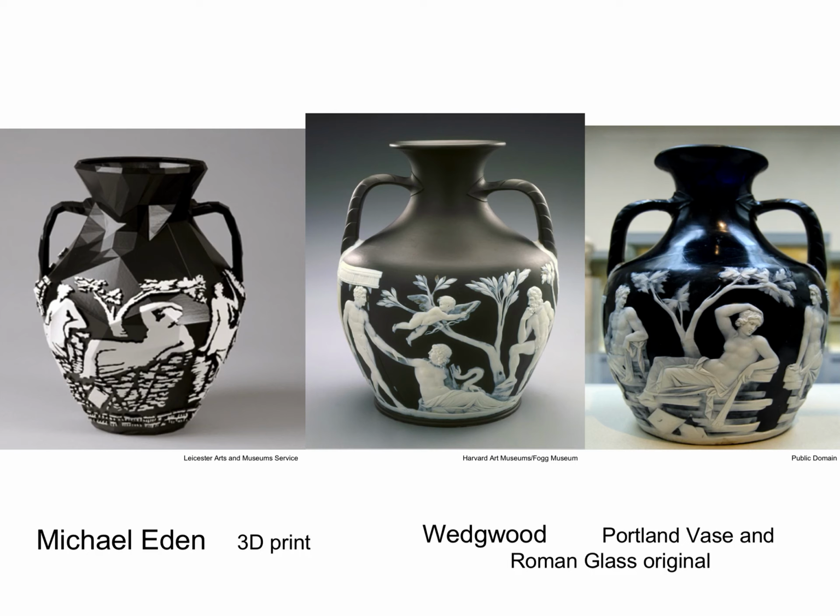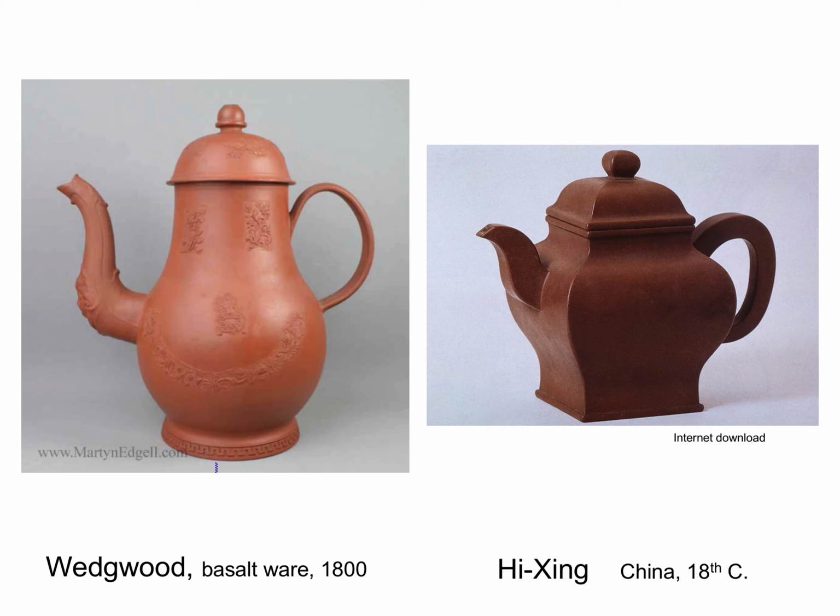So you can see that an object that's 2,000 years old in glass on the right has been reinterpreted on the left through the influence of Josiah Wedgwood in the 18th century in a very contemporary way by using digital technology and digital printing. It is quite interesting to see how all those traditions and aesthetics come together as well.